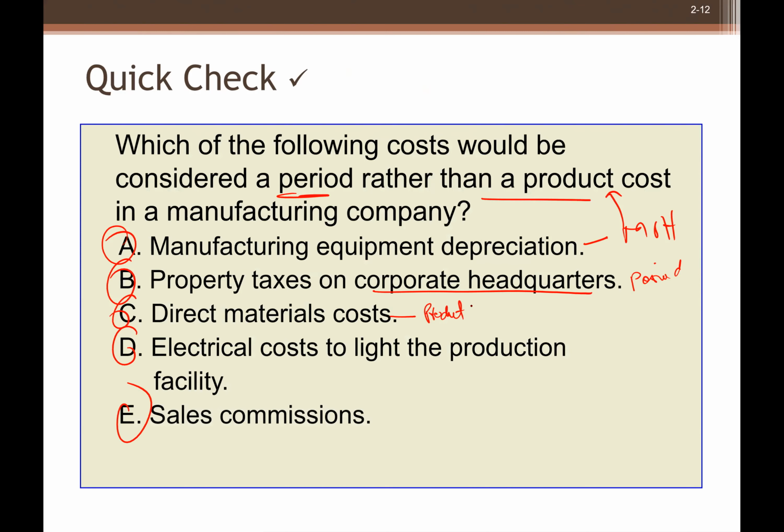Why? Because it belongs to manufacturing cost. Electrical cost to light the production facility, remember, this is production facility. It belongs to manufacturing cost under MOH, which is product cost. Sales commission belongs to non-manufacturing cost and belongs to period cost. Understand?